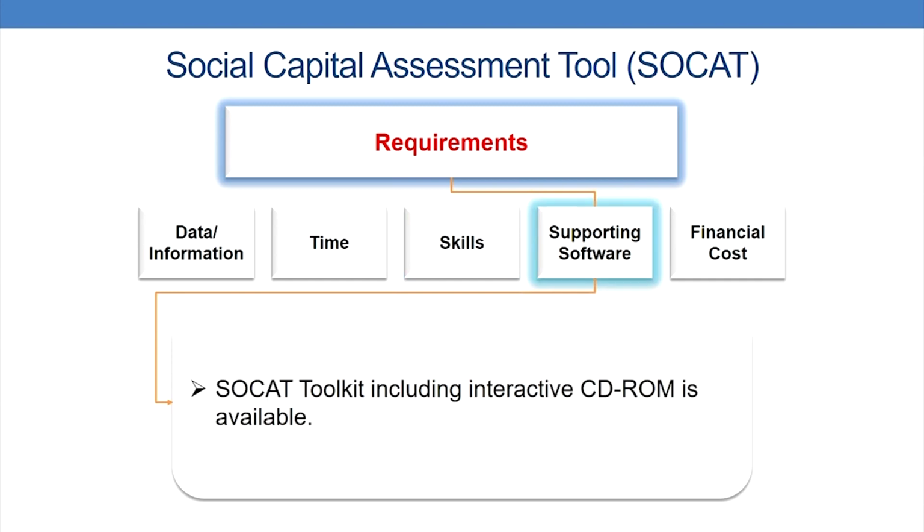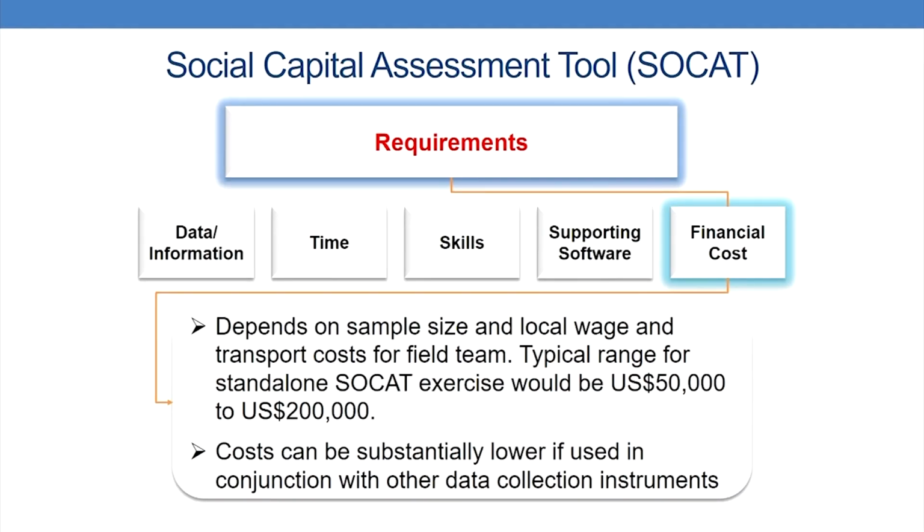Supporting software, the SOCAT tool developed by World Bank includes an interactive CD-ROM which is available. There might have been a number of other changes to this toolkit, which I am sure if the learners try to follow up on this toolkit through the World Bank website, you may have more access to it. And with respect to financial cost, it depends on the sample size and the local wage and transport costs for the field team.